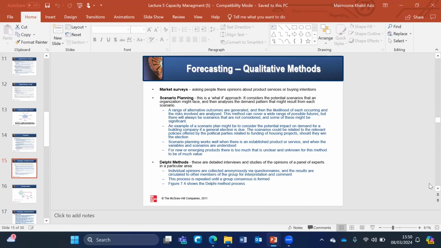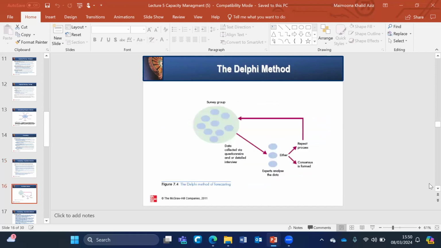We ask people for their opinion. There's also scenario planning. That means what if that happens, and then you have a backup plan for if something happens. Then there's the Delphi method, where there are interviews with people who are not physically present there, but you can get them over and make a panel and they can give you the result of what you need to do.